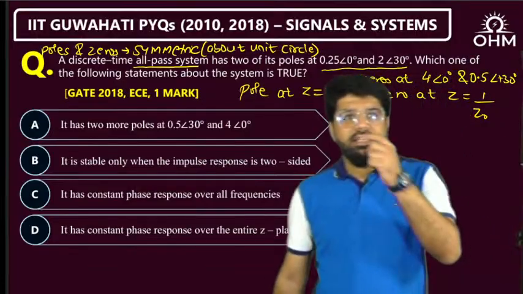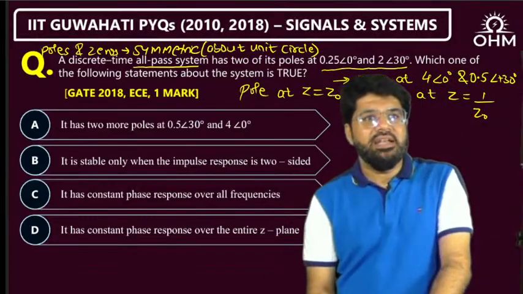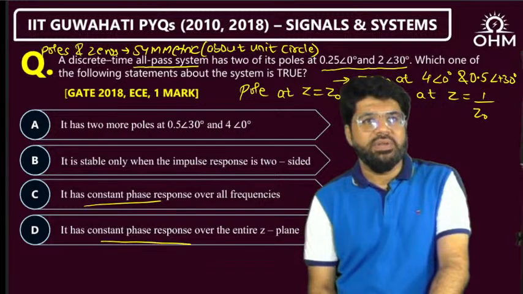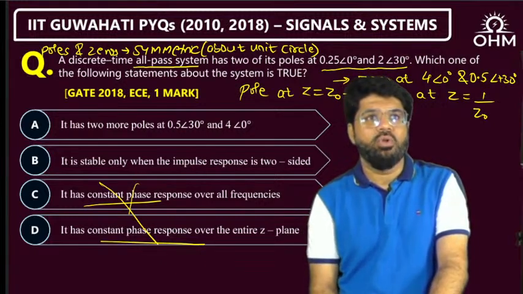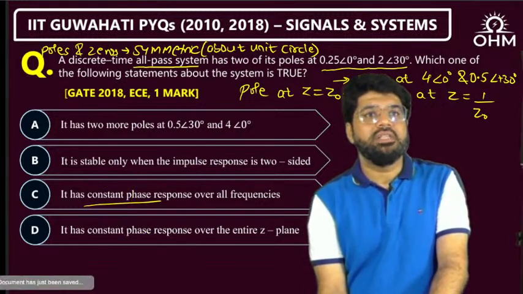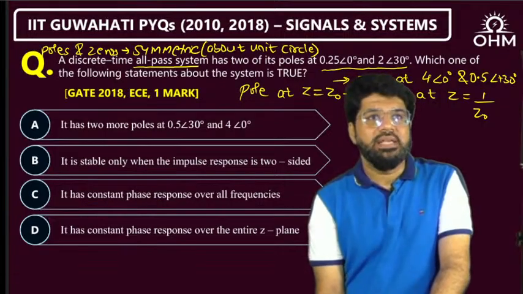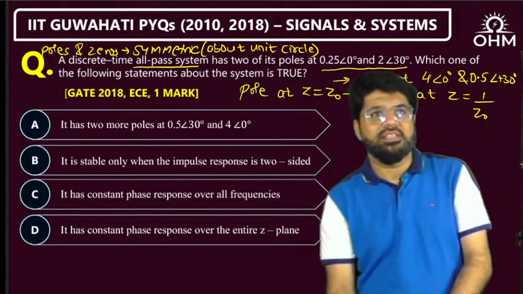Now see options C and D: constant phase response over some frequency, constant phase response over the entire Z plane. No, an all pass system means constant magnitude response. That is the basic definition, forget the pole and zero symmetry condition.